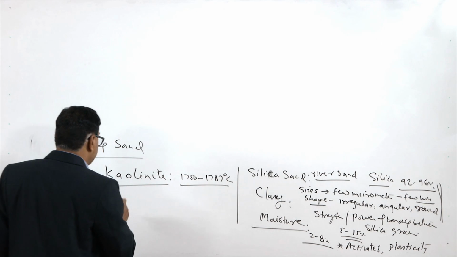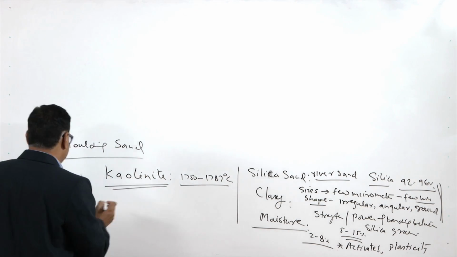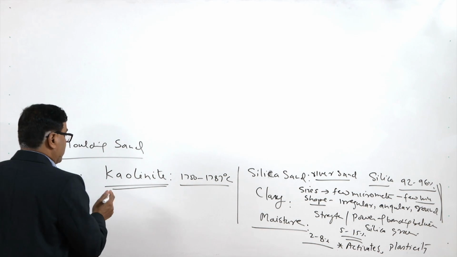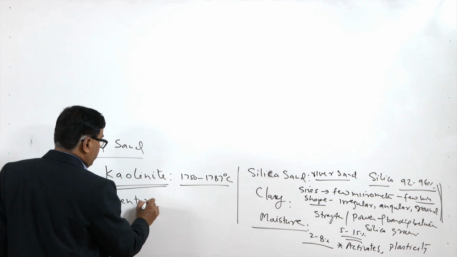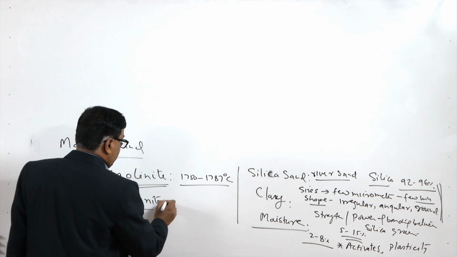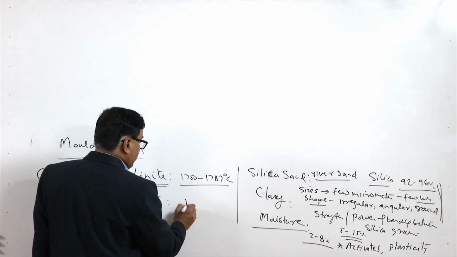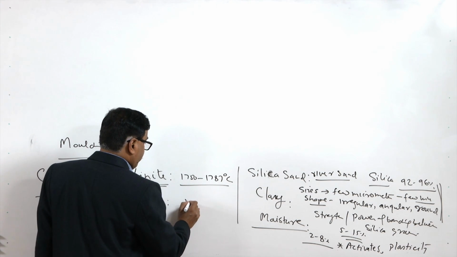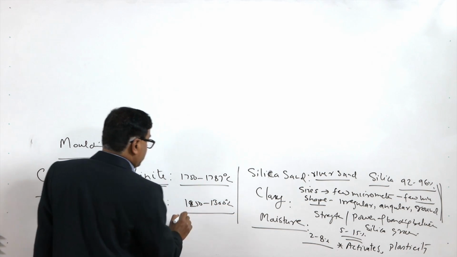This is the melting point above which it will adversely affect the mold sand properties. Another very commonly used is bentonite clay, and it has a low melting point, like 1250 to 1300 degrees centigrade.